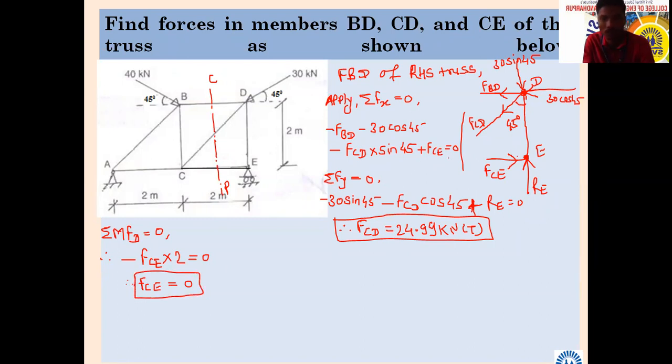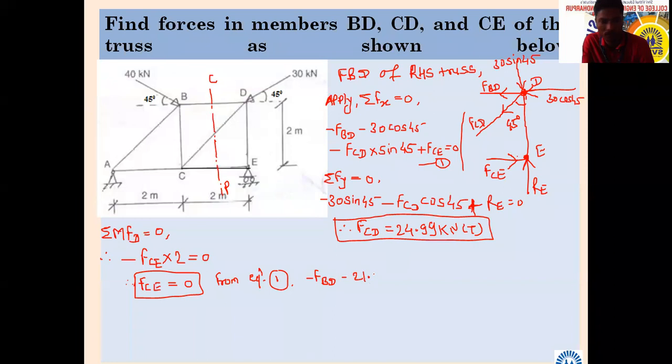Then whatever equation we got, we will put the value here, from equation 1. Tell me what will happen? Which values remain unknown? Only FBD. So FBD minus 30 cos 45. What is that value? 21.21.